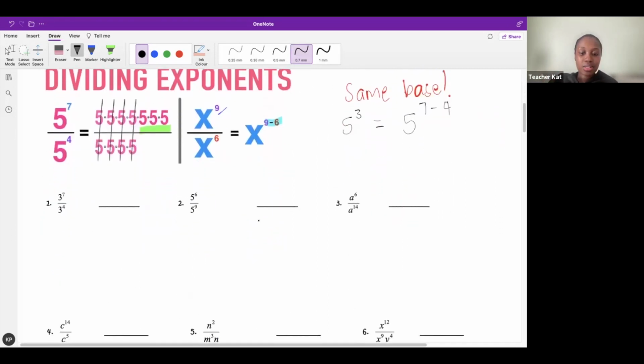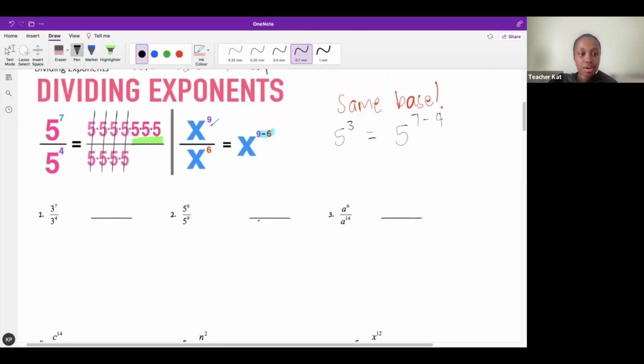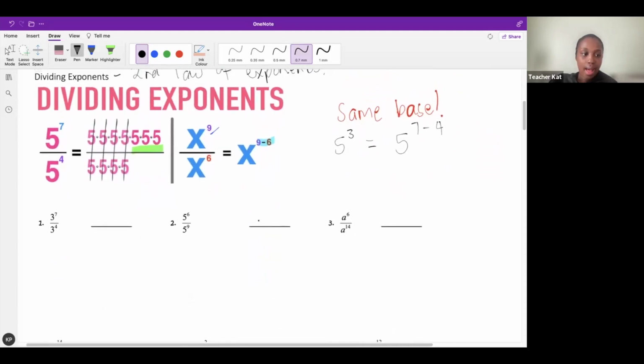Now I have a few practice rounds here for us before we do the real stuff. Number 1 says 3 to the power of 7 divided by 3 to the power of 4. So that's going to be the same as 3 to the power of 7 minus 4, which means this will be 3 to the power of what? What's my answer going to be? So then my answer will be what?